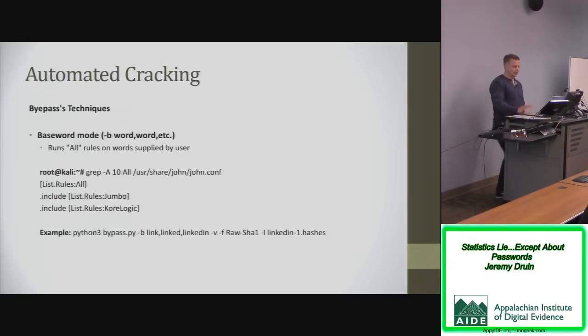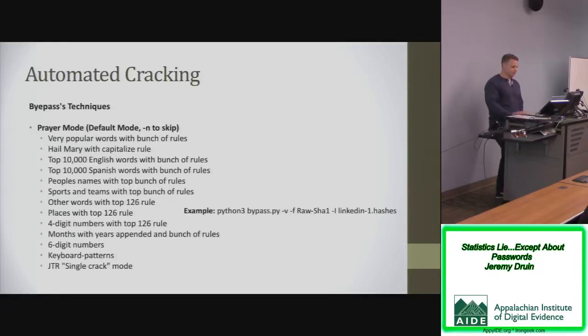But I found this works really well. This is really good for a few passwords in every set. And in these gigantic sets like the LinkedIn set, just the 5 words that I mentioned was good for like 1,000 passwords right off the top. So that's optional, and you pass it in with the -B option.